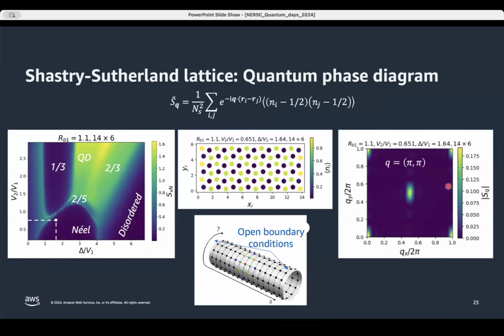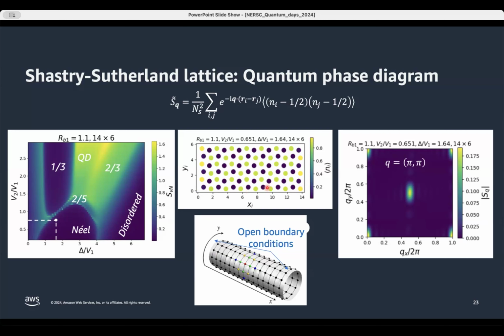Okay, so let me just show you some more results of the different phases. This simulation is done using the DMRG with the geometry looking like this. This is a cylindrical geometry where the y direction is periodic and the x direction is open.